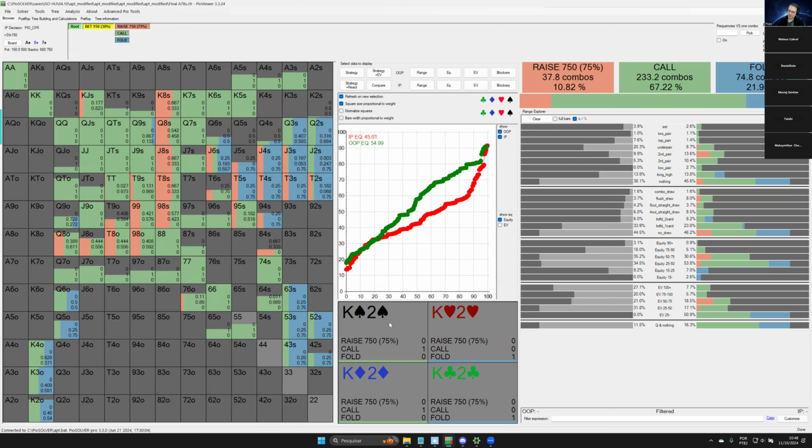What do you think, Mateus? What do you think, guys? What King Jack here will be raising? What King Jack gets put in a weird position here? You want to say all?